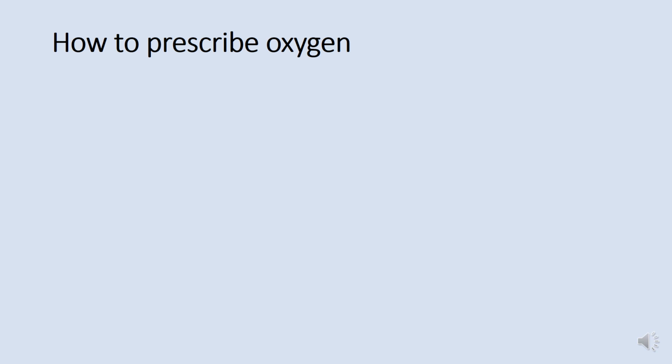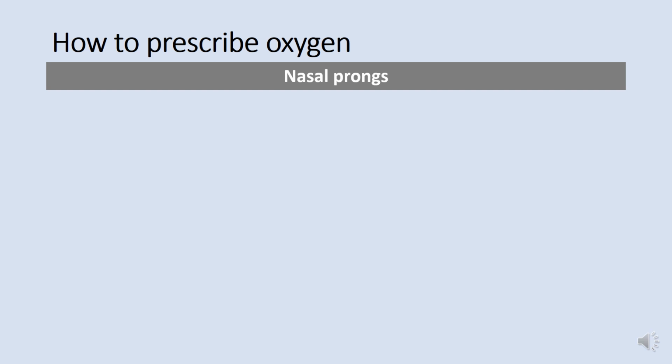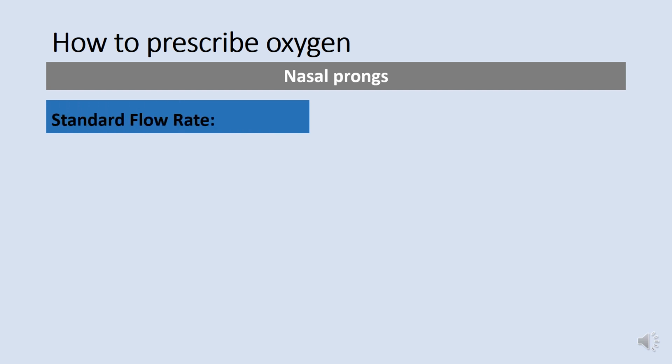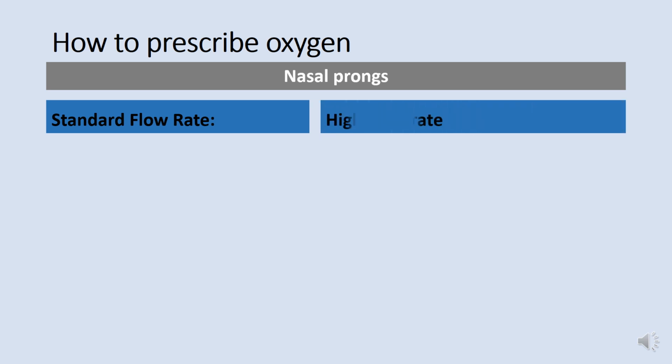Having said that, how do we prescribe oxygen? Let's start by prescribing oxygen that is to be delivered via nasal prongs. We have standard flow rates, and then we have high flow rates. So when we are talking about standard flow rates using nasal prongs, this is how you prescribe. For neonates, it will be between 0.5 and 1 liter per minute flow rate.